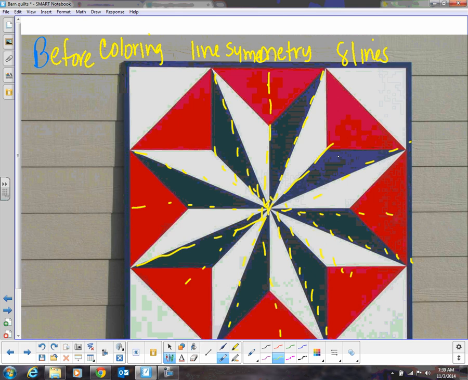Any other transformation? Rotational symmetry, definitely. All right, what's the smallest degree of rotation? How do I get this point basically to fall on this point?